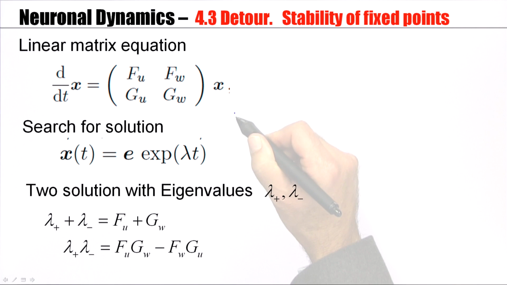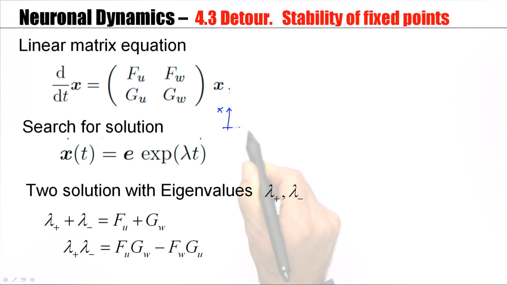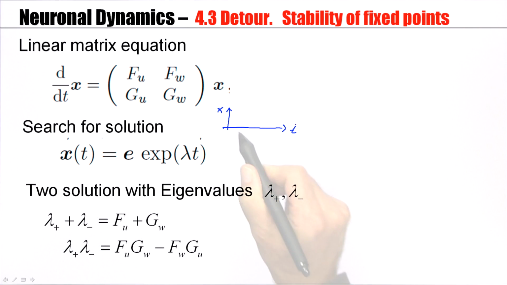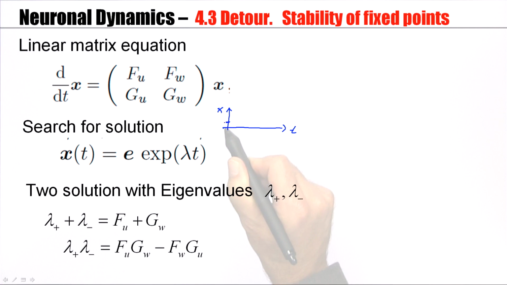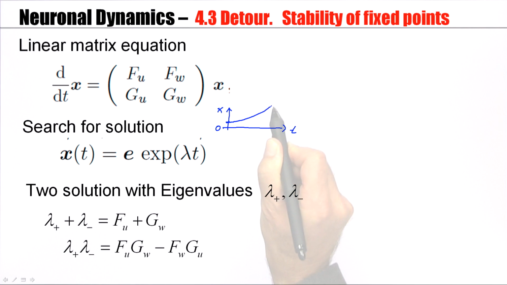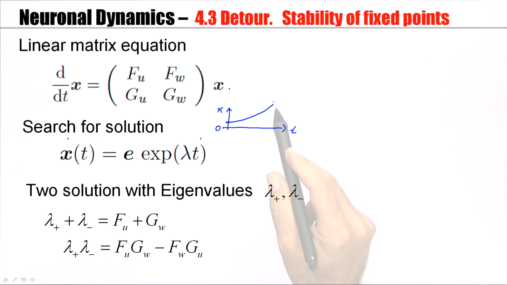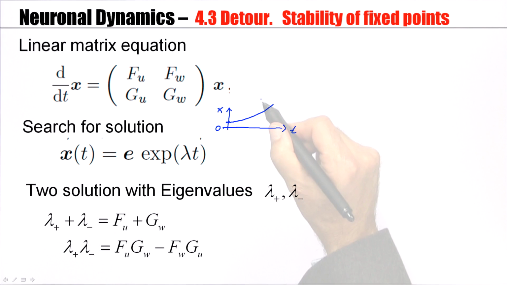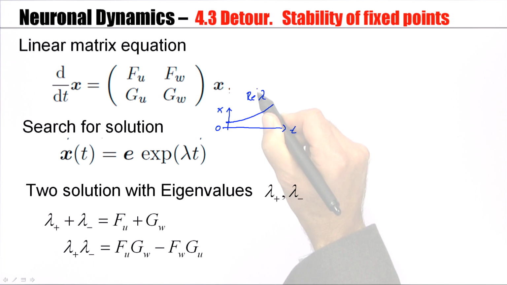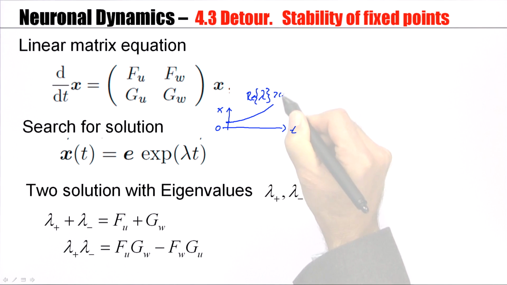So if I go down to one dimension, x as a function of time, this distance x from 0 means I'm at the fixed point, I'm a little bit away. Now it could be that this distance x increases. That's the case if the real part of lambda is positive.